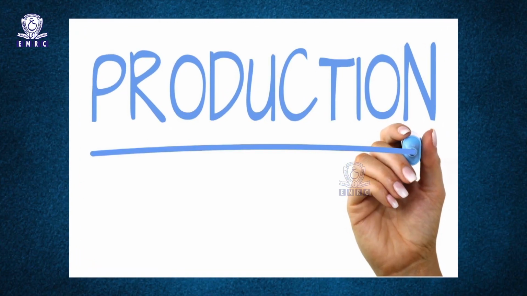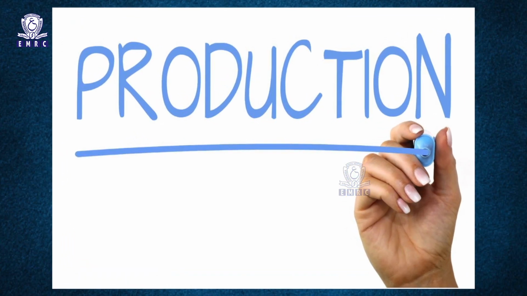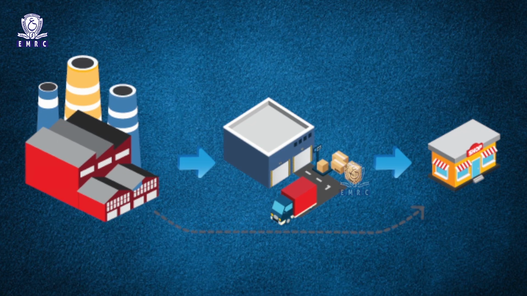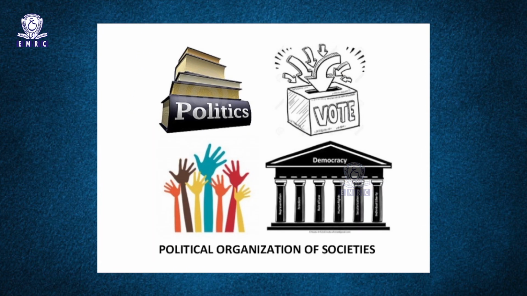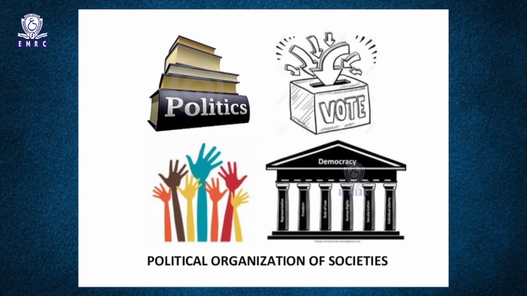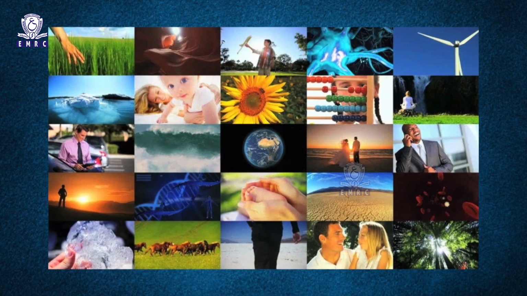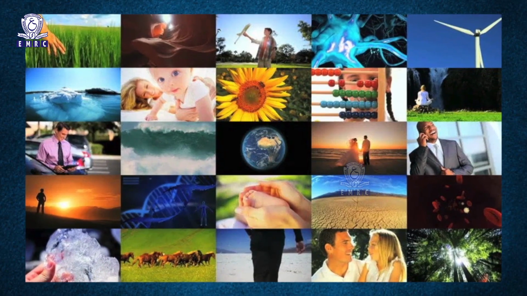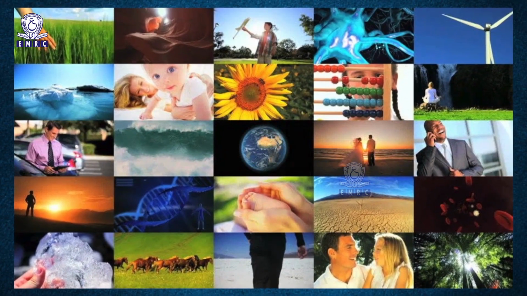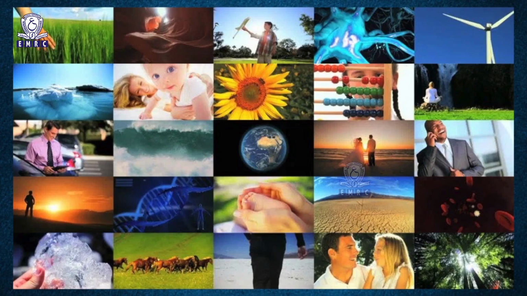The stage of advancement of the production, distribution and exchange of goods, and the organization of society resulting therefrom, determine in the final analysis the political, social and cultural developments.